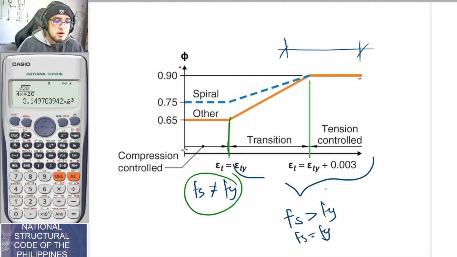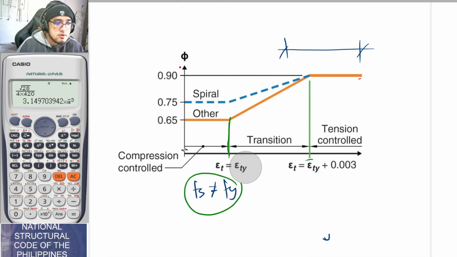And if your Fs is equal to 1,000, by the way guys, itong part na to is already 1,000 megapascal. Why is it the case that this is 1,000 megapascal? Because the strain here, according to NSCP, is 0.005.